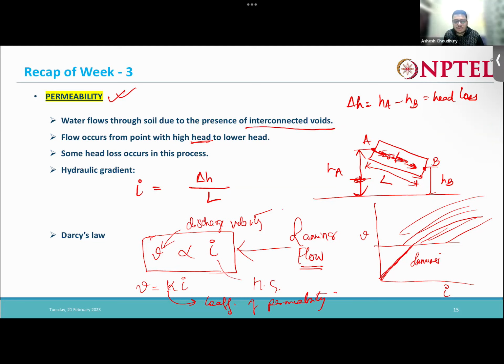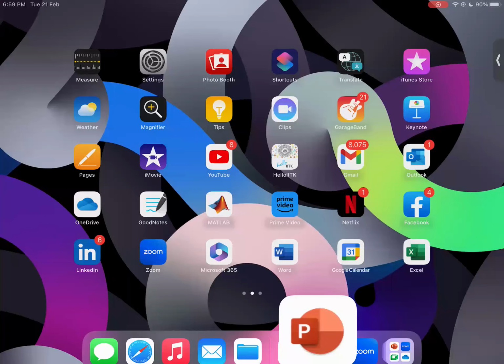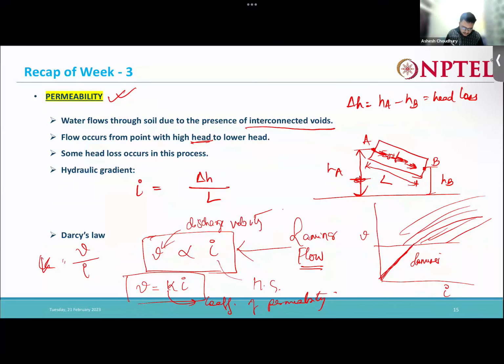Can you tell me the unit of the coefficient of permeability? Tell from this expression. K is equal to V by i, right? So what is the unit of velocity? Meter per second or centimeter per second, right?